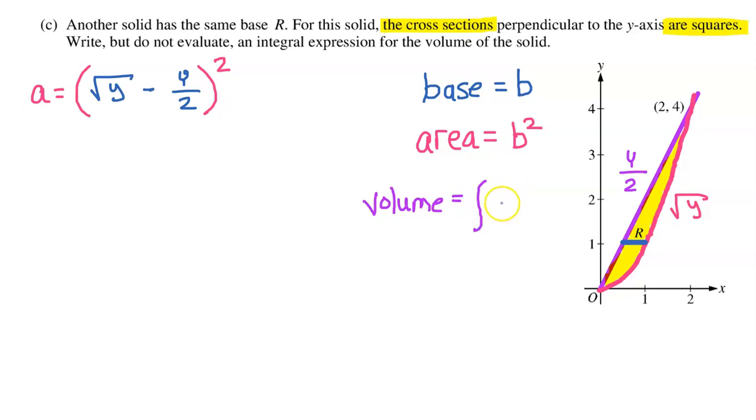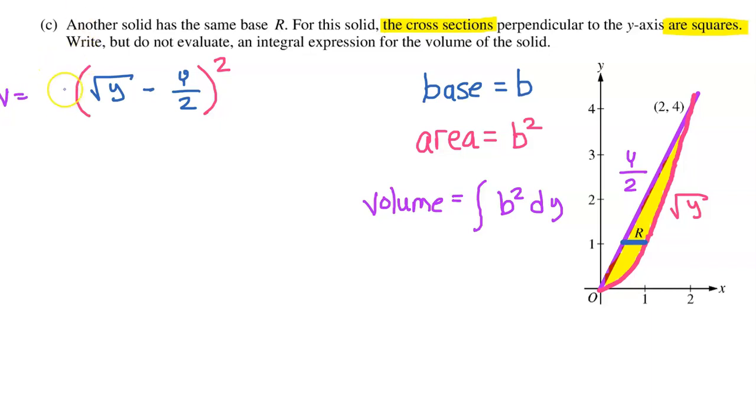The last step is to come up with an expression for the volume by integrating the area. So in this case, we will be integrating b squared. And remember, the slices are horizontal, so when we stack them up, we are adding vertical slices. So that's why we are integrating with respect to y. So let's take our expression for area and turn it into an expression for volume by integrating.